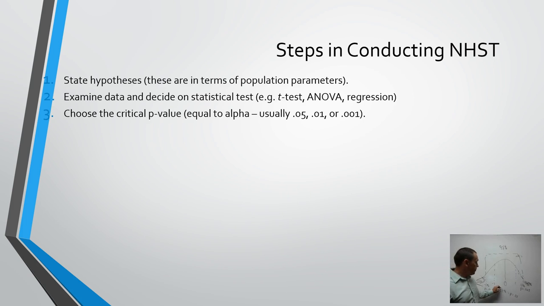So this plus or minus 1.96 becomes the gold standard for social scientists, I should say, not just psychologists, but for social scientists looking for a critical p-value equal to 0.05.